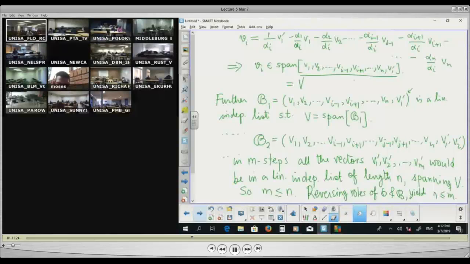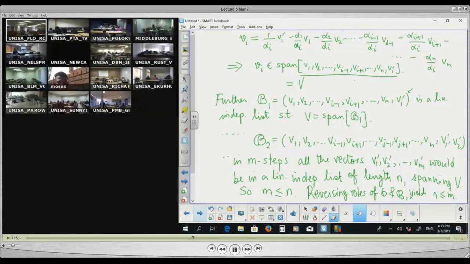Okay, just to show that the ith member from the initial list is just missing, and that has come in the span. Remember, if you don't put in this V1 prime, you cannot write this, because V1, V2, up to Vn is a linearly independent list. So none of them can be written in terms of the others. All right?